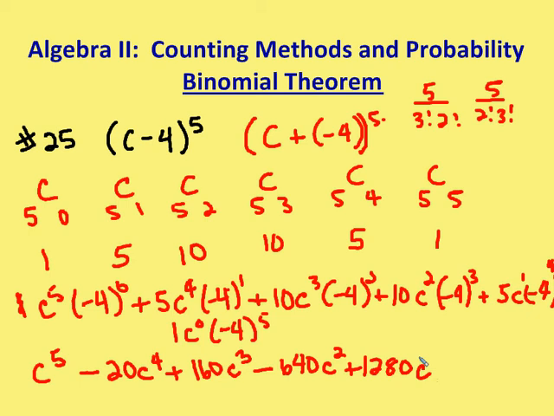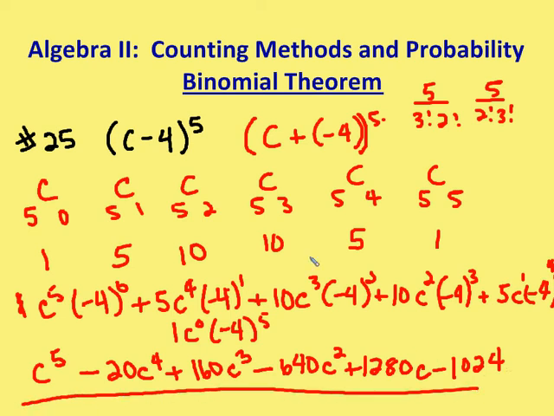And then lastly, I'm left with negative 4 to the 5th, which is going to be a negative value of negative 1024. And there's my answer. And again, if we think about the amount of time it would take to expand this, multiplying all these through, it's far less time to use the binomial theorem to solve.